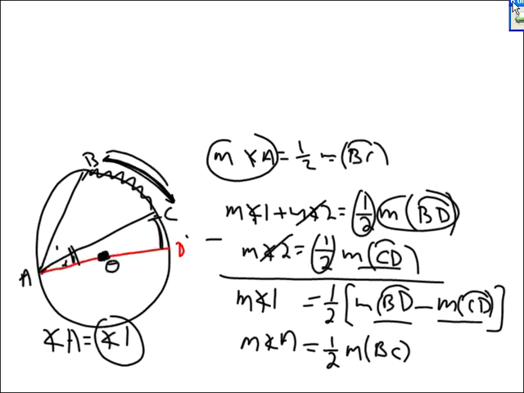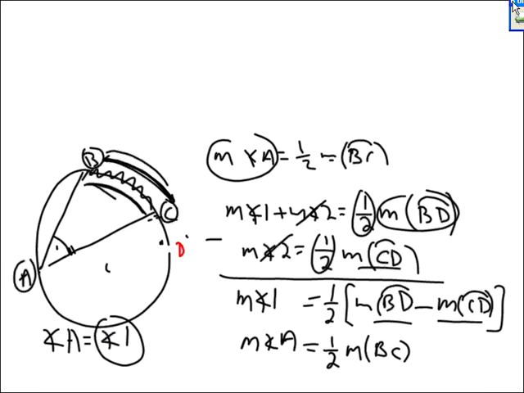Okay, now let's get rid of the line that we put in, and now we have exactly what we want. The measure of angle A is 1/2 of this arc, B to C. It's 1/2 the measure of arc BC. So we proved it.